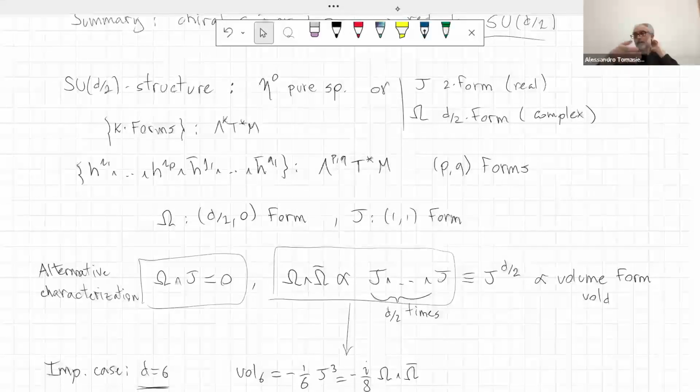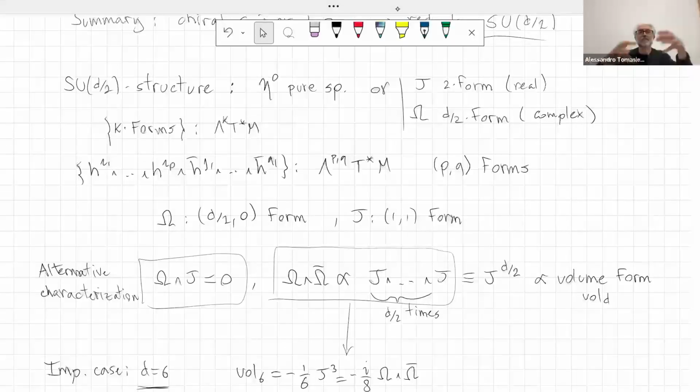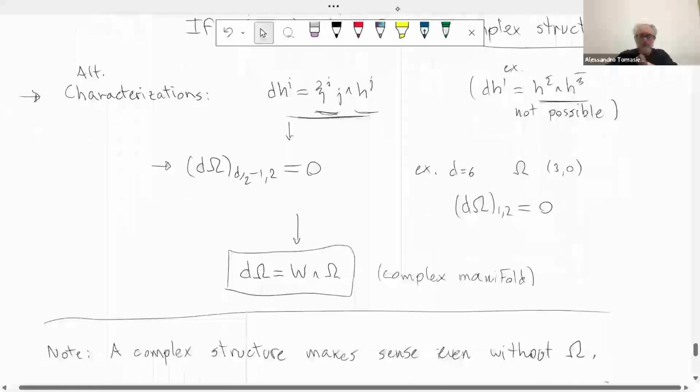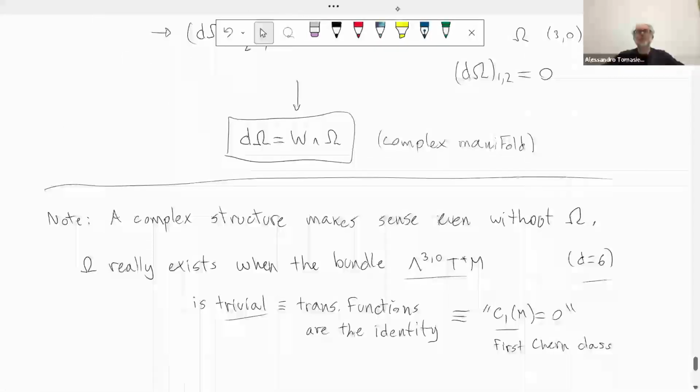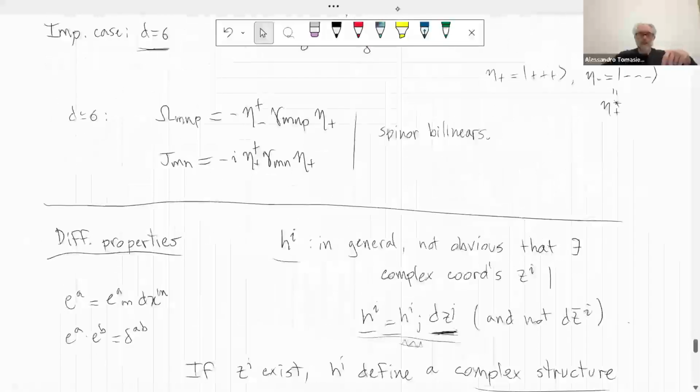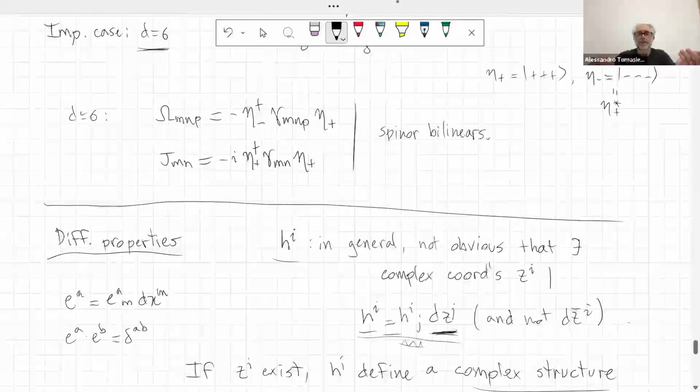The condition that this supersymmetry should be unbroken will impose some differential conditions on this eta, and that will translate into differential conditions on omega and J, because after all they are defined from the spinor eta.